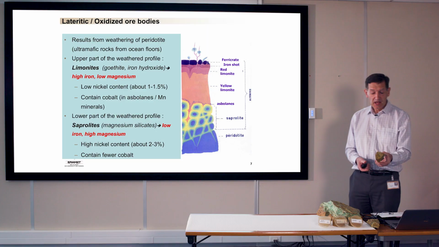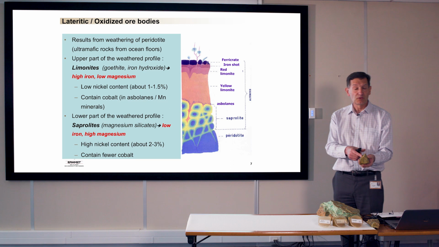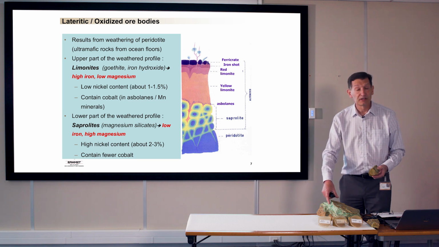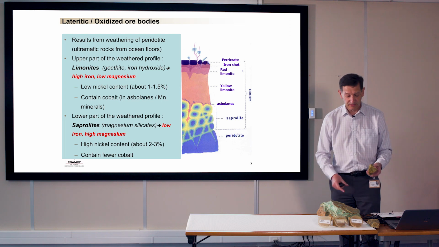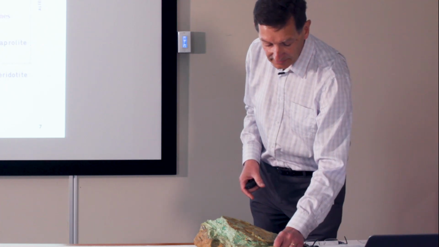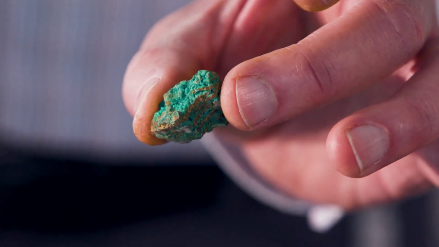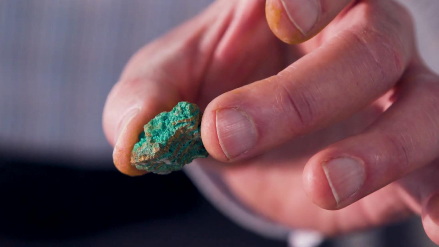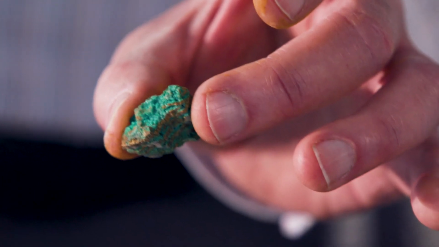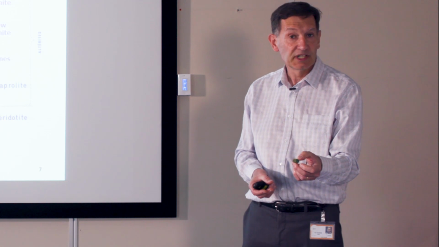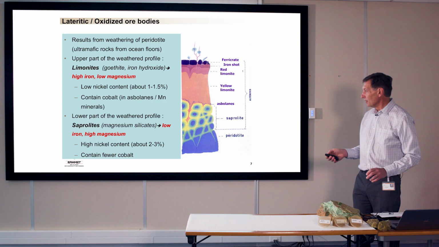It's a mixture, and this kind of ore could be richer than this kind of ore, even if it's green. In some cases, but it's very rare, you can find very rich ore, that's garnierite. It's dark green, and there could be more than 15% of nickel in this garnierite.